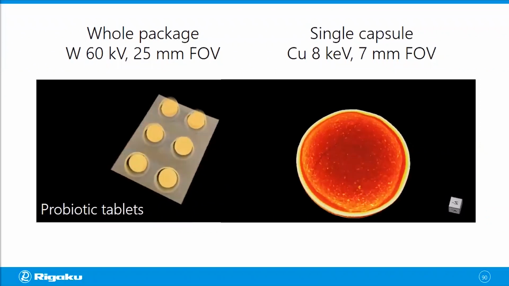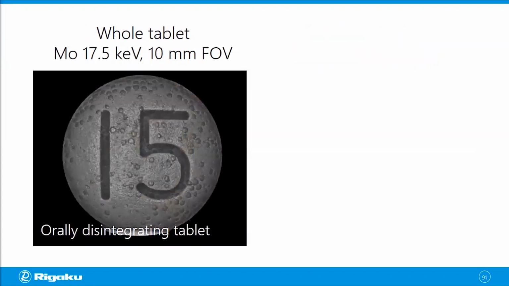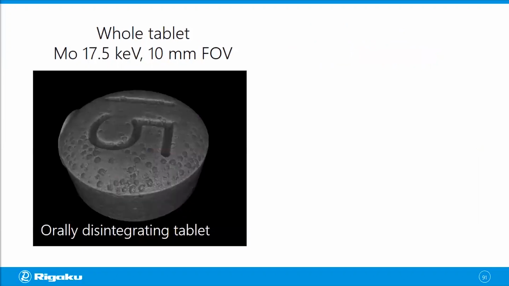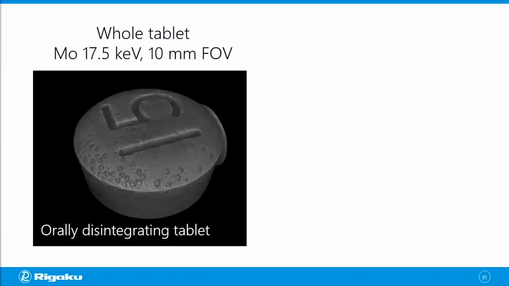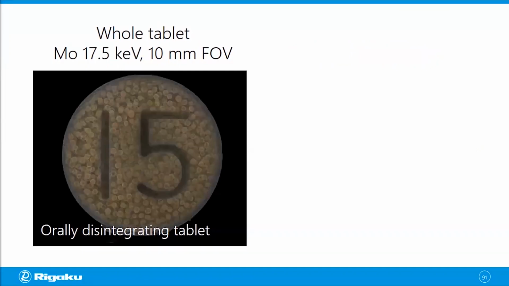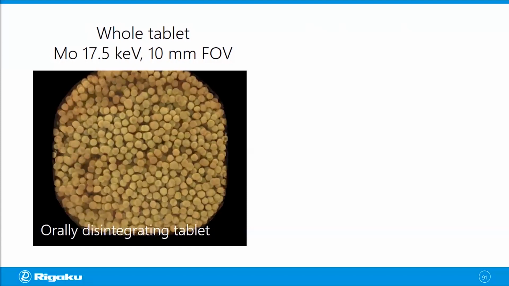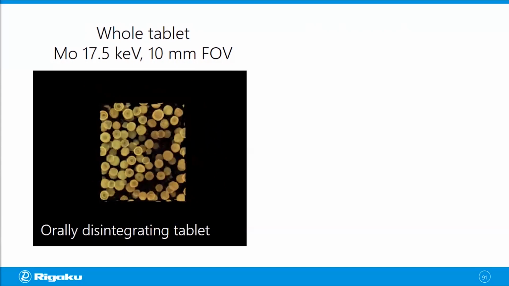Sometimes you might even use two different settings to look at one kind of tablet. So this tablet was scanned with molybdenum 17.5 keV with 10 millimeter FOV setting. As you will see, this tablet has multiple particles inside, and each particle is only 0.5 millimeter in diameter.